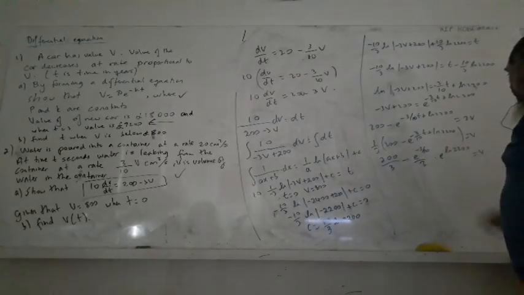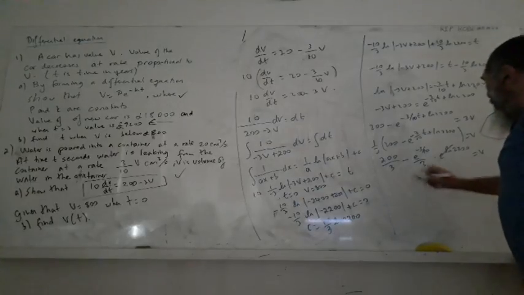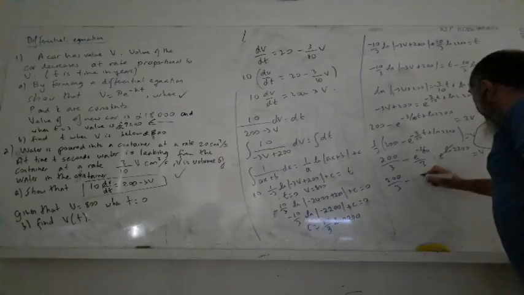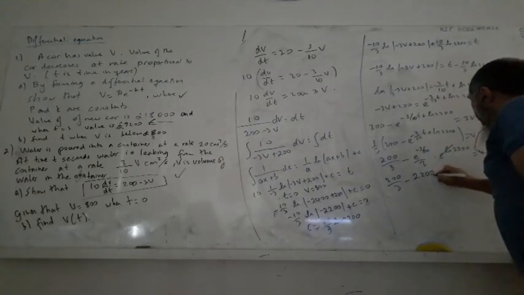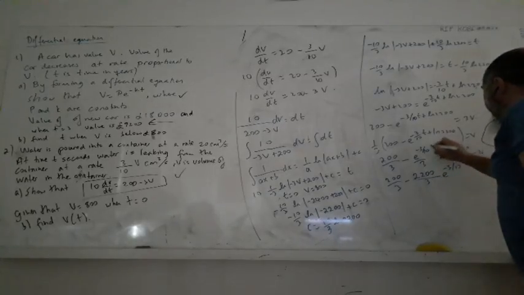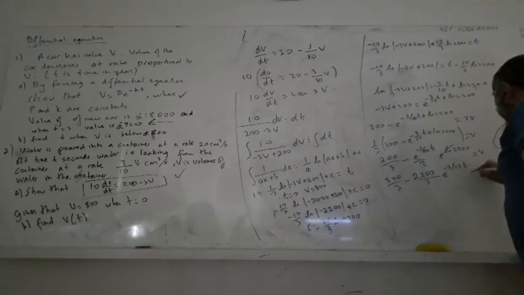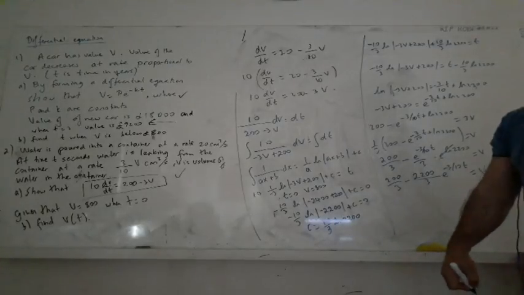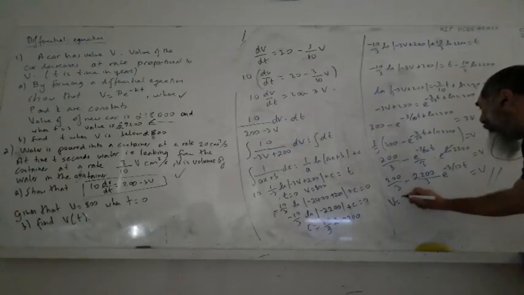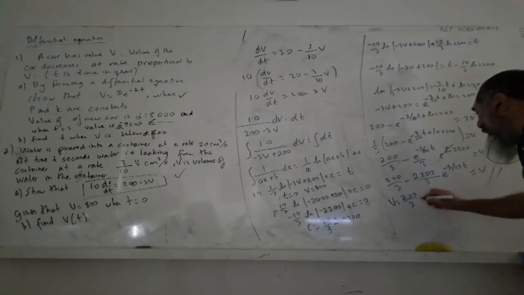So 200 over 3 minus, this becomes 2200 over 3 e to the power of minus 3 over 10 t is equal to V. That's how we simplify V, and that's the way to write V in terms of t.